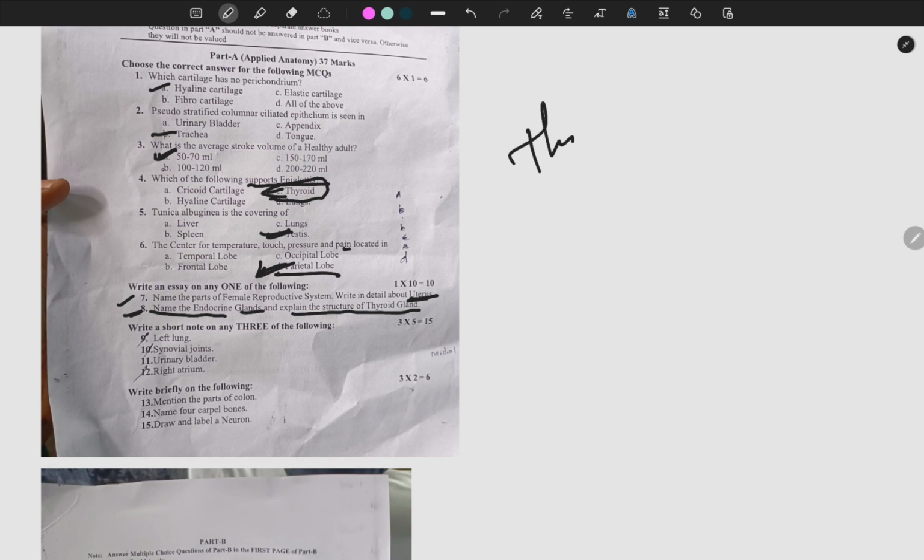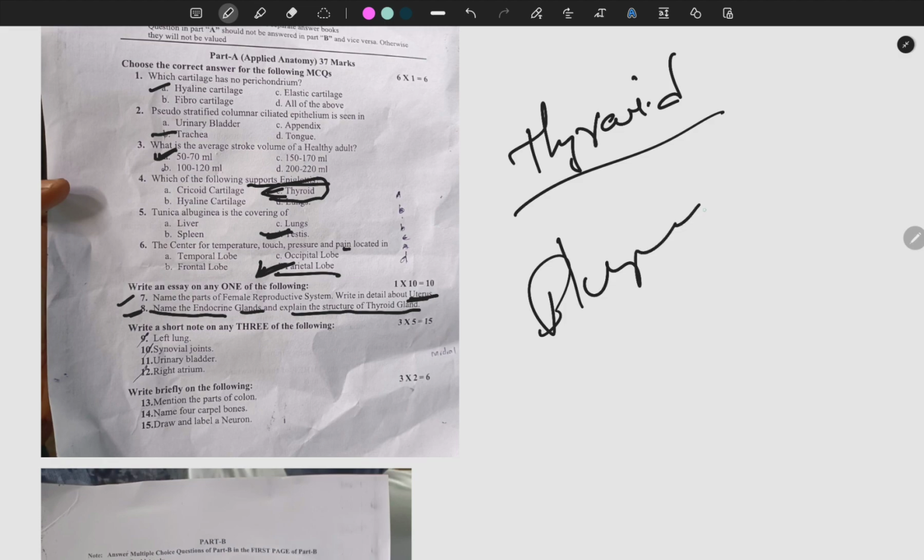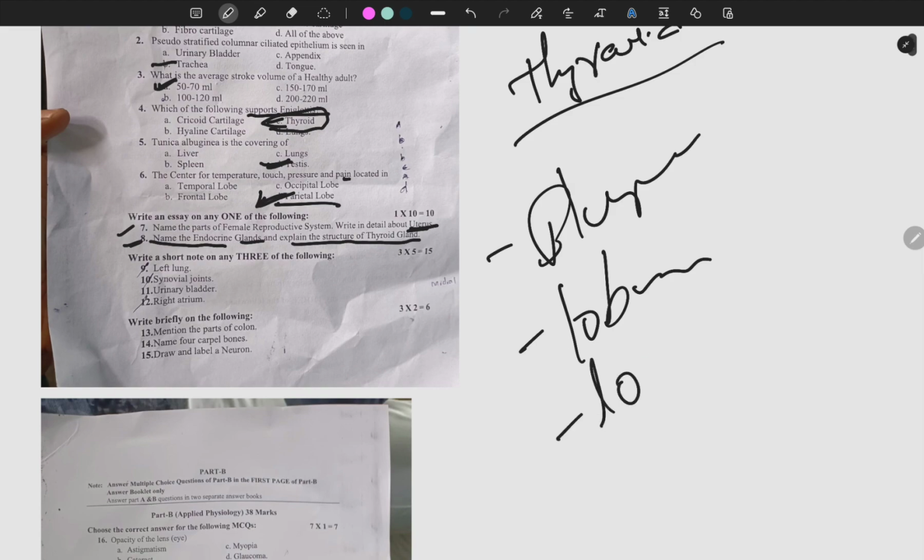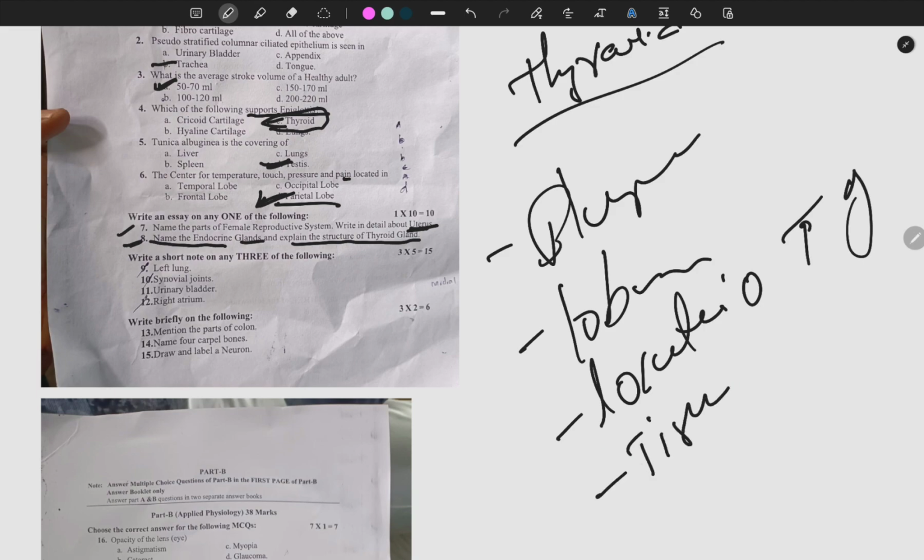The thyroid gland is butterfly shaped. How many lobes are present in the thyroid, the location of the thyroid gland, and the types of tissue, which tissue is present in the thyroid gland. Like that you have to write in detail about the thyroid gland.